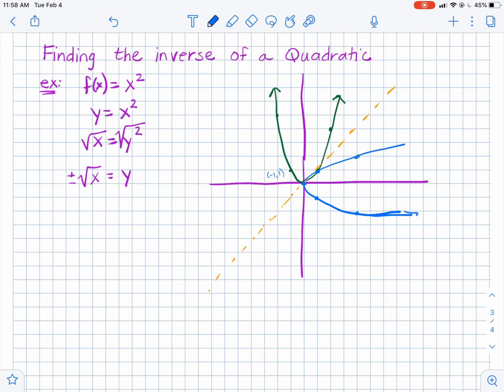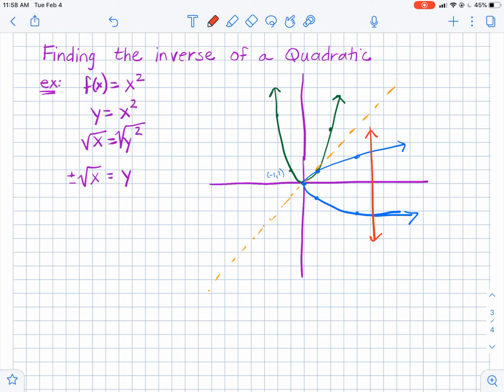Because what I want you to notice here is when I look at my original parabola, it is a function, okay? It passes the vertical line test. But when you look at what I have now drawn as my inverse, the parabola that is now laid on its side, it is no longer a function, okay?